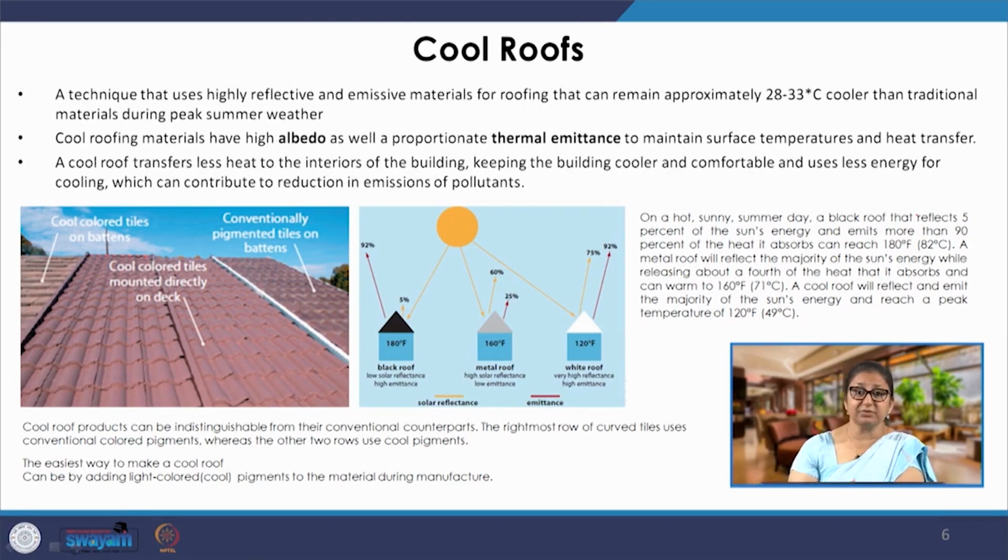The third strategy which we are looking at here is cool roof. Now, cool roof is basically a kind of coating on the roof which will allow more and more of the heat, the radiation, to be reflected back, and whatever is emitted is also re-emitted back into the sky.